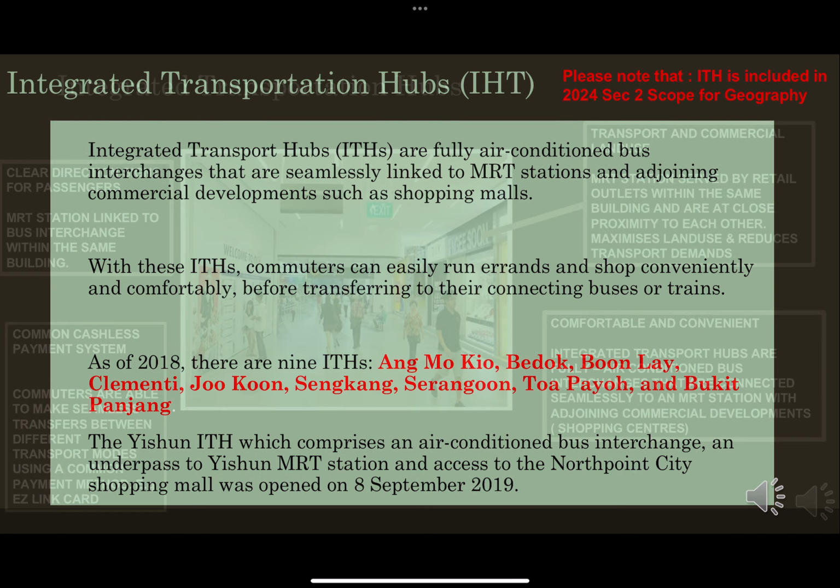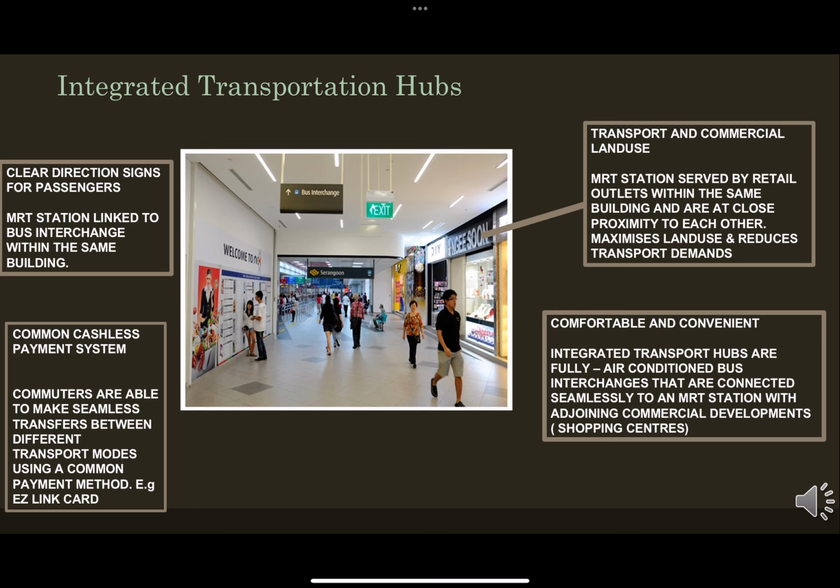In this picture, we can see that within the integrated transportation hubs, there are clear direction signs for passengers to move around. From the bus interchange to the MRT stations, from the MRT stations to the exits, from the exits to parking, or exits to bicycle parking, to drop-off points.